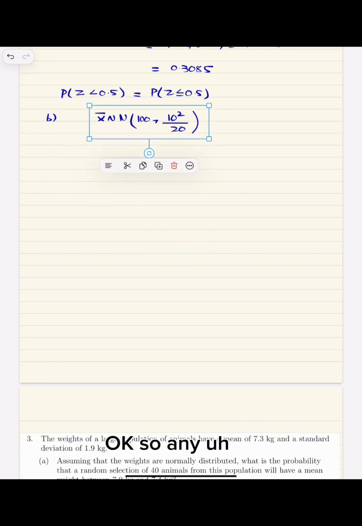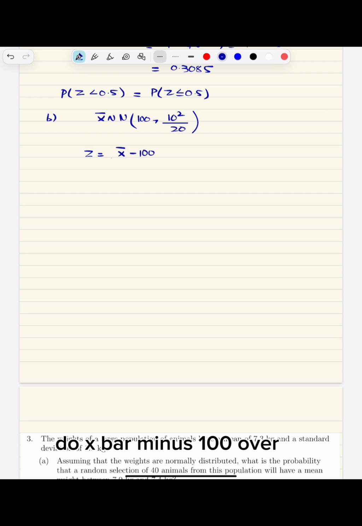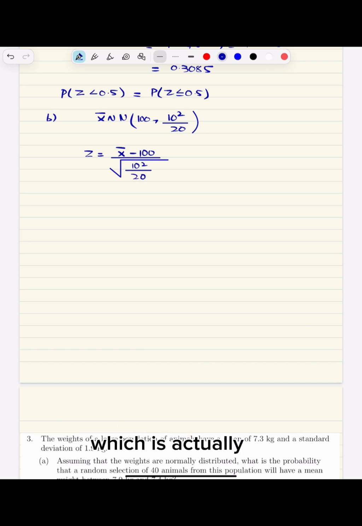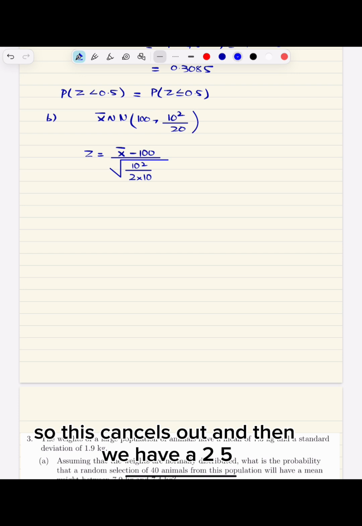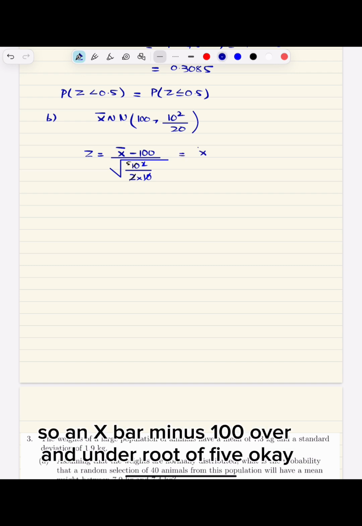Any z variable is obtained when we do x bar minus 100 over the square root of 10 squared over 20, which is actually 2 multiplied by 10, so this cancels out, and we have 2 fives are 10. So x bar minus 100 over the square root of 5.